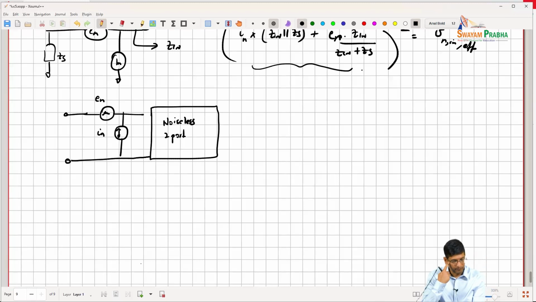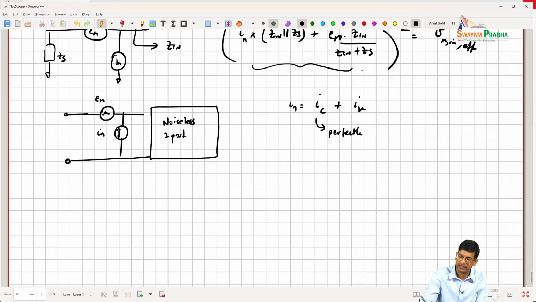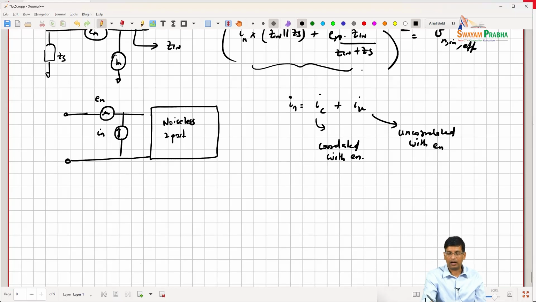And I know some part of In is correlated and some part of In is uncorrelated, okay? So this is perfectly correlated with En, right? So I know this bit of information as well.